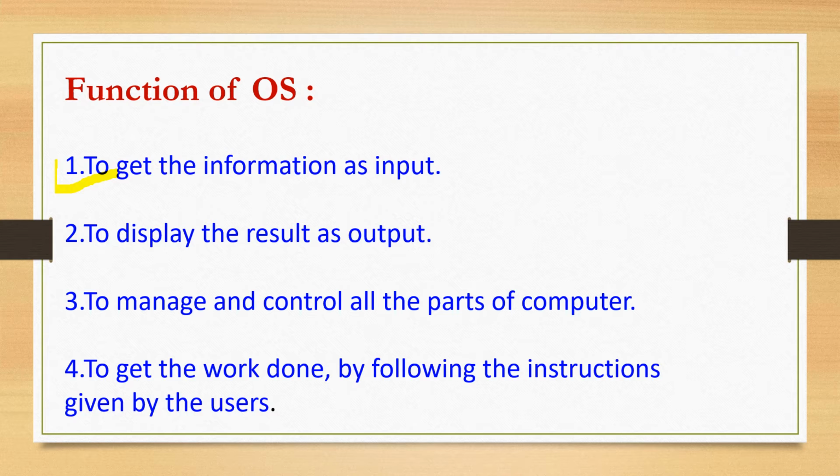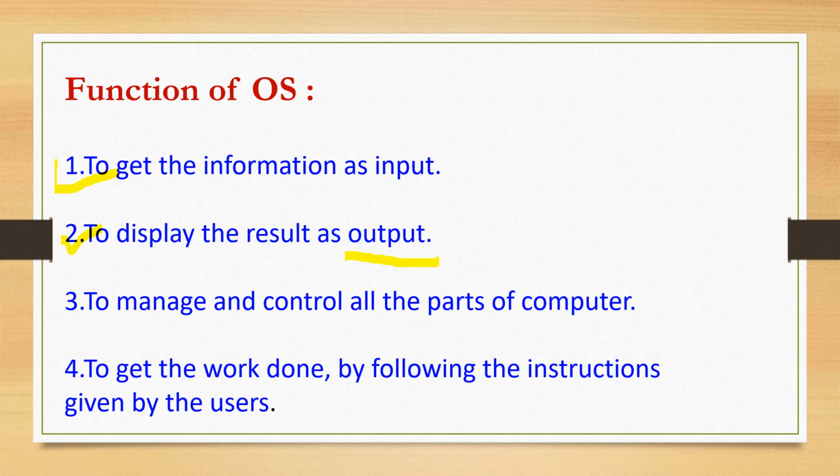And whatever we have written, if we want a printout of the same, then it is called output. For that output we use a printer, to display the result as output.